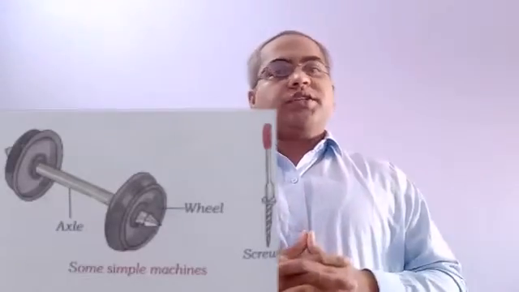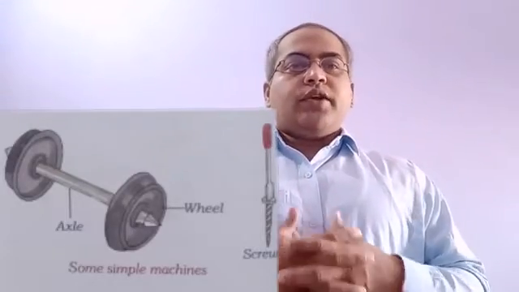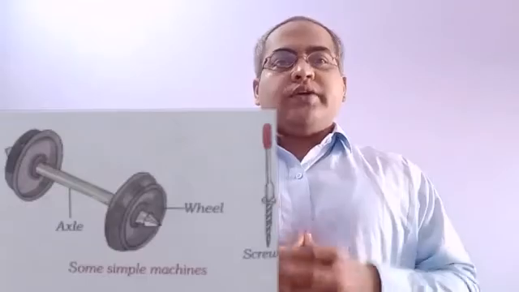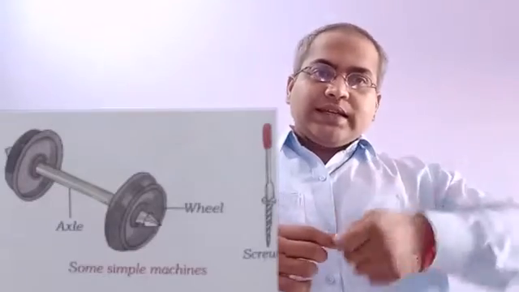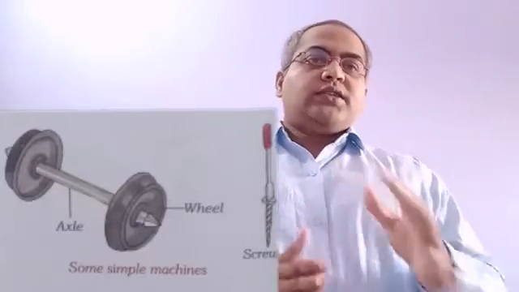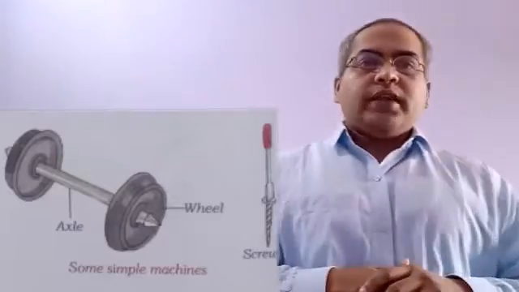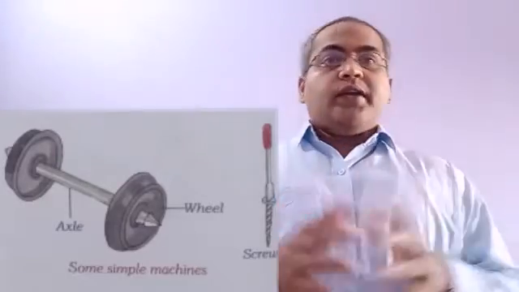So let's start the discussion with wheel and axle. In our day-to-day life, we observe several things where we use a key and then something moves inside the toy and the toy starts walking. The best example of wheel and axle is a tailoring machine.